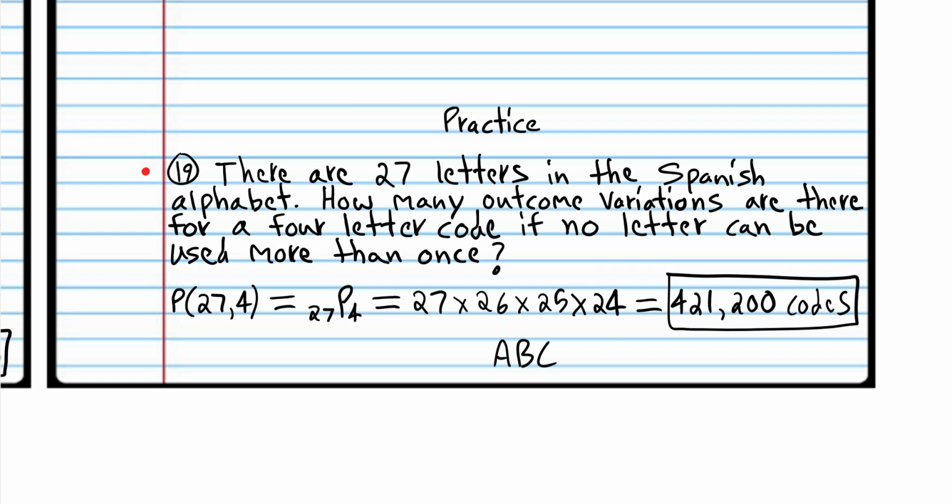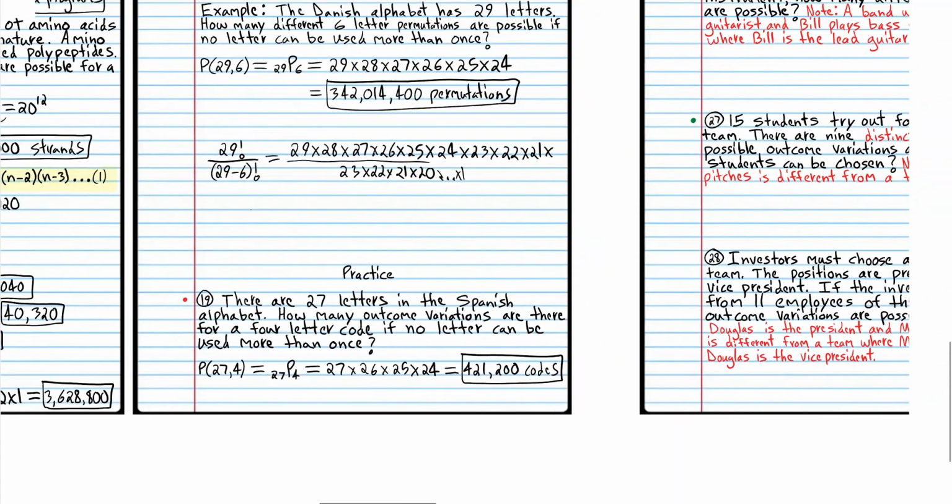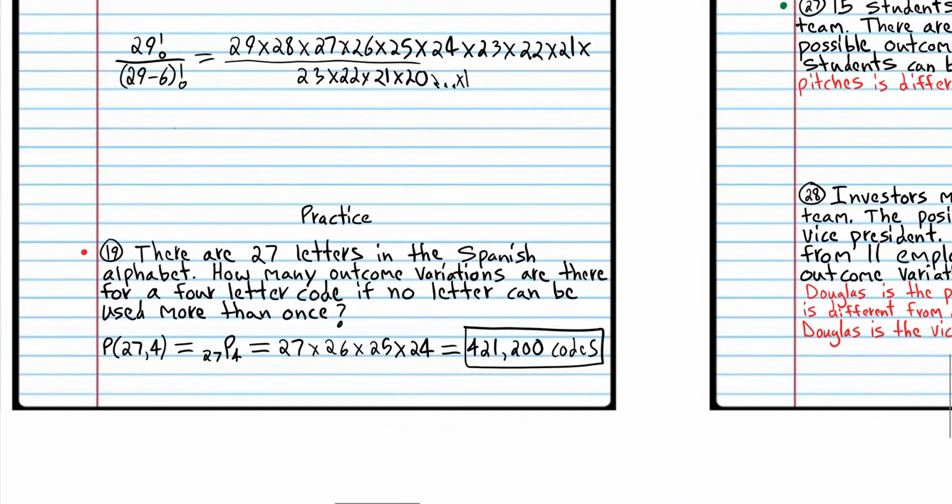So if you choose A, B, C, that's allowed, but you're not allowed to choose AAA or AAB or ABB because you have repetition. You can't use a letter more than once. So that's what's different about these problems. In the previous type of problem that we did, we would multiply 27 by 27 by 27 by 27. That's when you're actually allowed repetition, but you're not allowed repetition in this case.